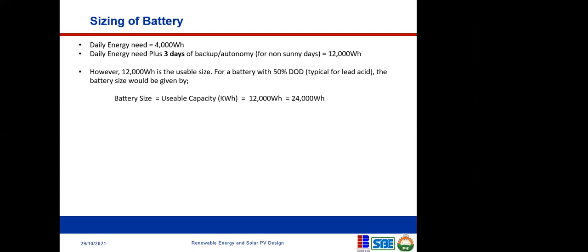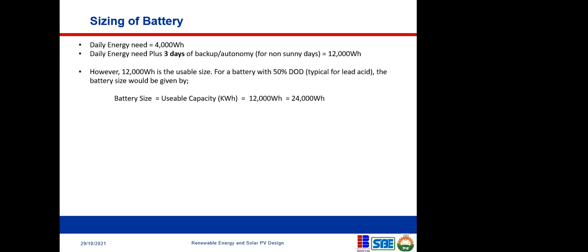If you take more than 50%, that battery can get damaged quickly before its life cycle ends, right? So it can only give us 50 and retain 50 for that battery to keep performing at optimum level all its lifetime. That's what depth of discharge means.